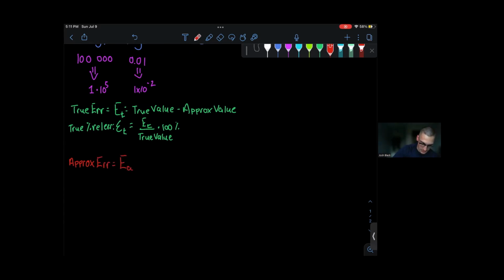This is E subscript A. And this is going to be equal to our newest approximated value, or our newest approximation, minus our most recent previous approximation.